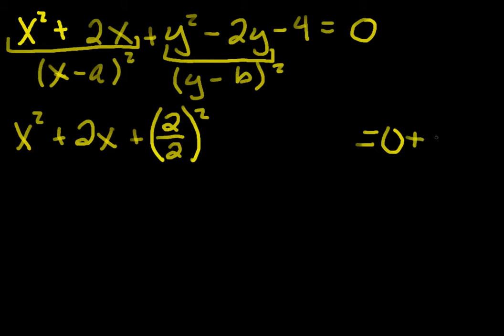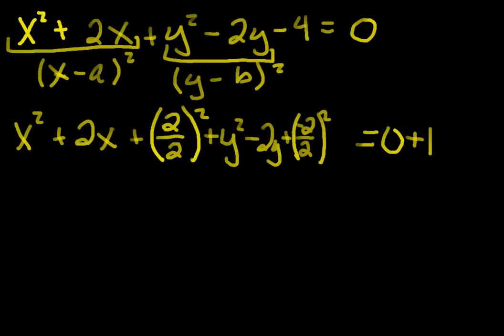I'm going to do the same thing with the y, so it's going to be plus y squared minus 2y plus negative 2 over 2 squared. Now, negative 2 divided by 2 is negative 1. Squaring it gives me 1, so I'm going to add 1 again, and I still have this minus 4.